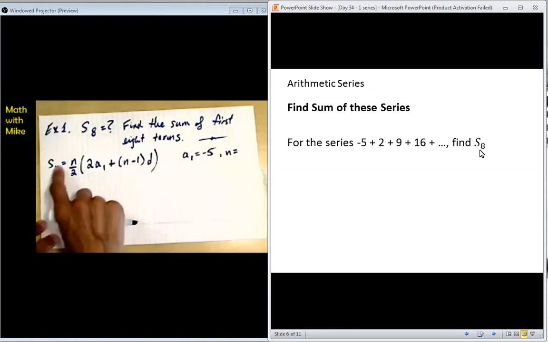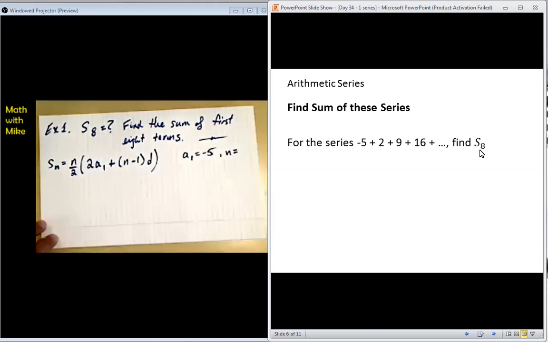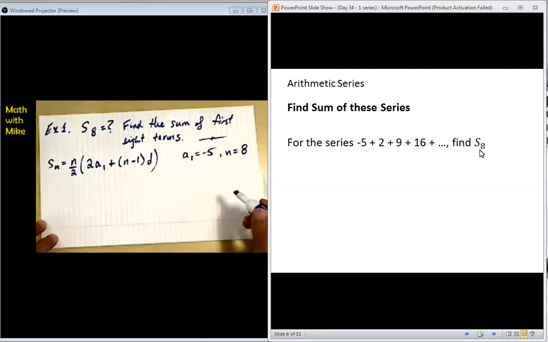N's like the chemistry number, the one that's written down below. Okay, so n's going to equal 8. D we got to figure out though. What's D going to be? Is it 7? I don't know.